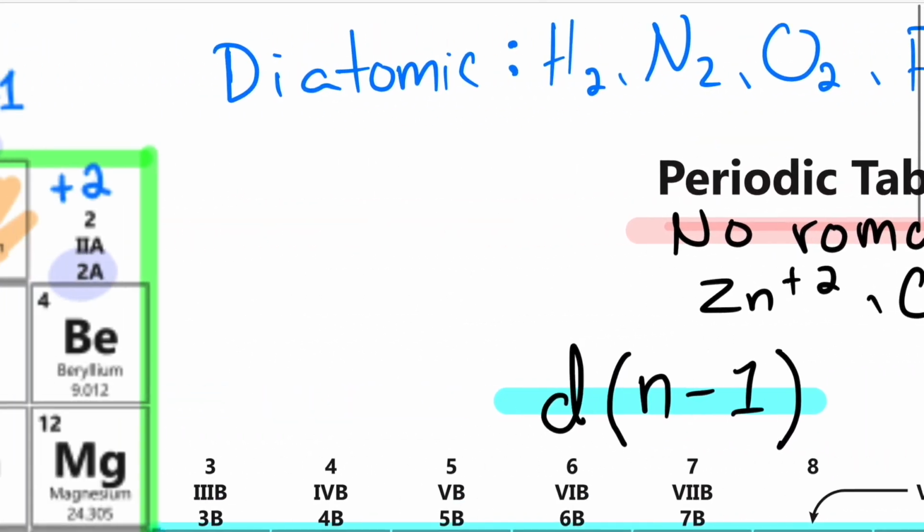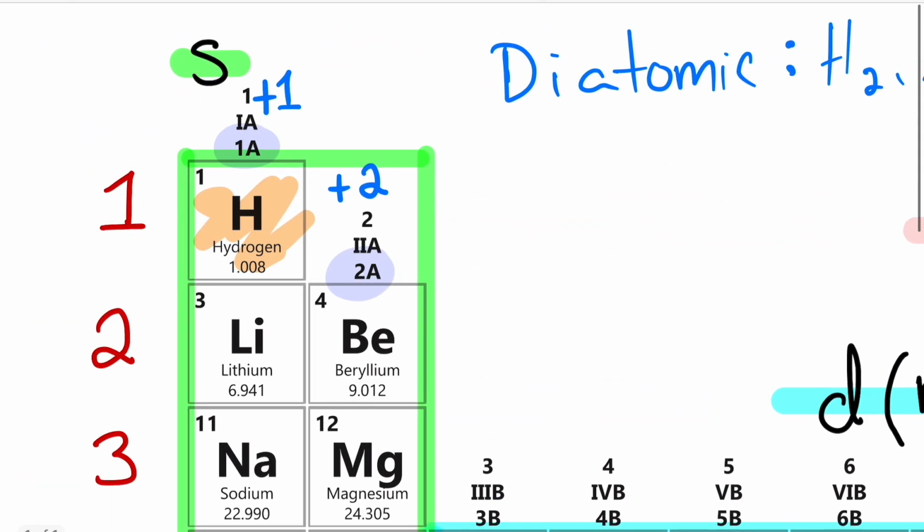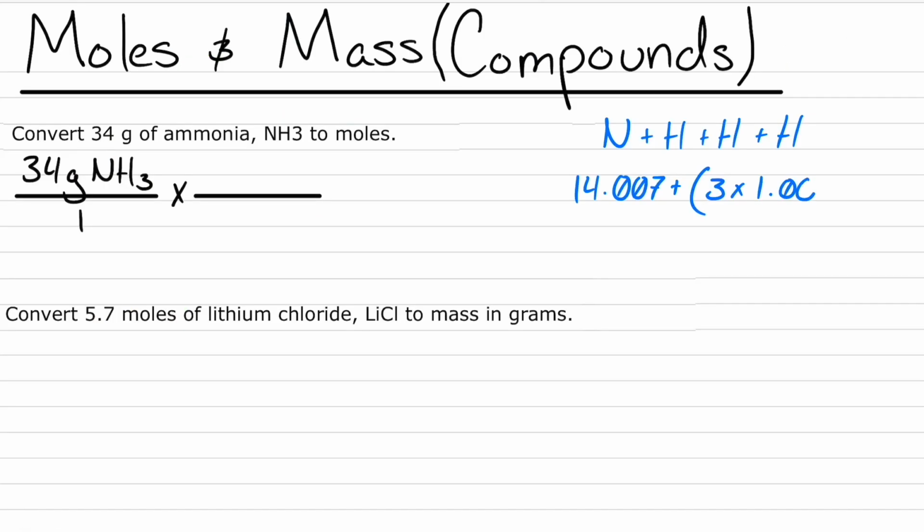Hydrogen has a mass of 1.008. Then we add all that up to determine the molar mass. Our molar mass comes out to 42.357 grams per mole.